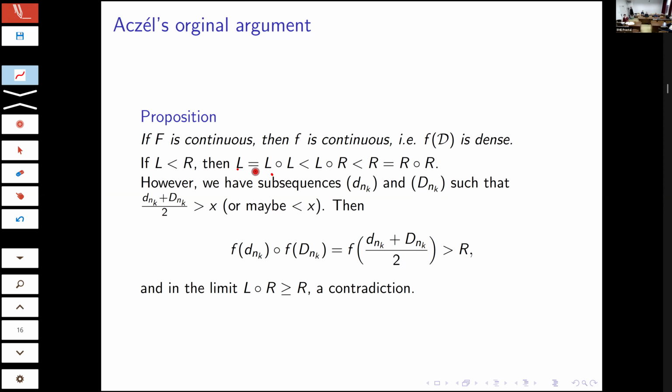So one of them is good. So let's take it's bigger than x. Then the composition, which is equal to this one by definition, is bigger than R. But in this sense, L composition R is bigger than R, which is a contradiction. So this was the original argument.